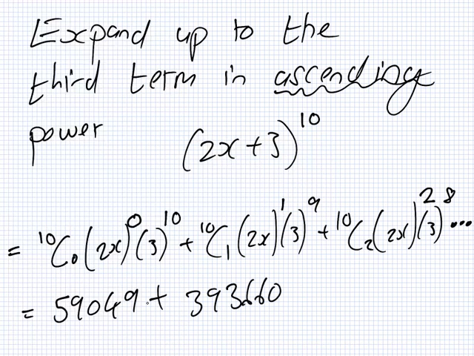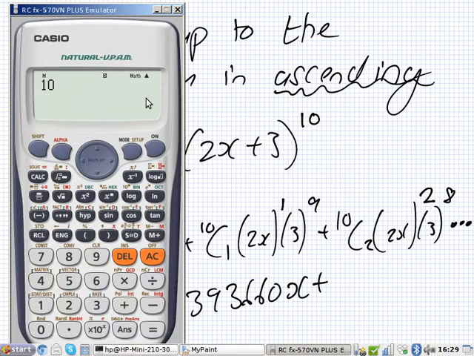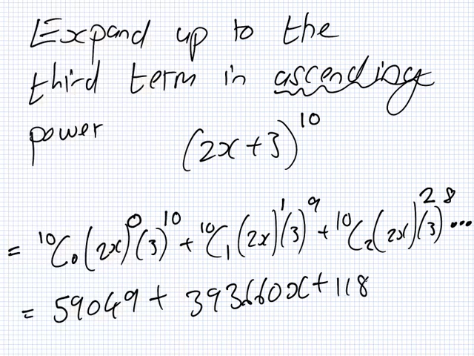Oh, I forgot my x. Oh no, there's no x. X plus, and the last one is 118,098 x squared dot dot dot, and that's the answer for that one.